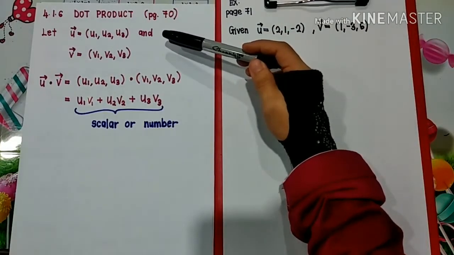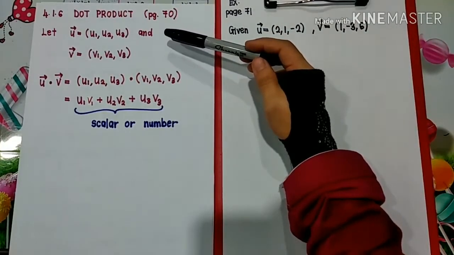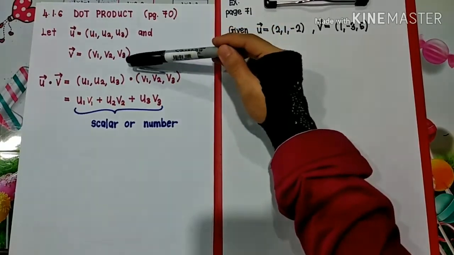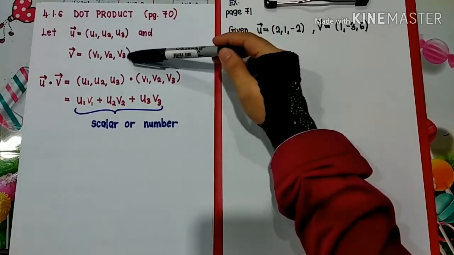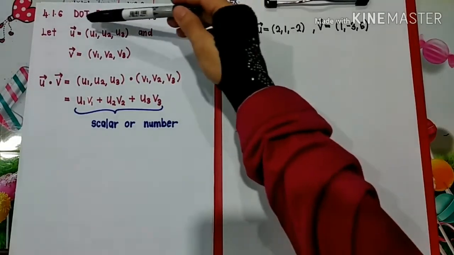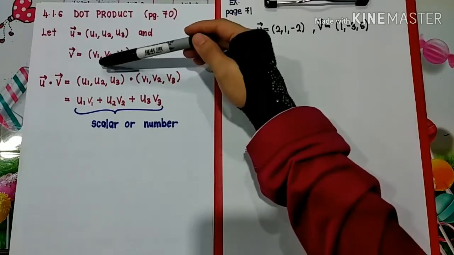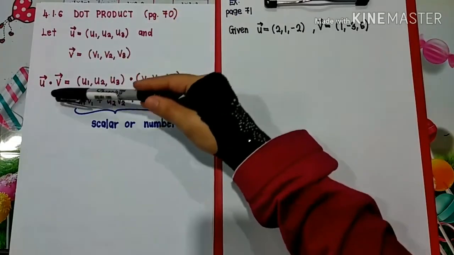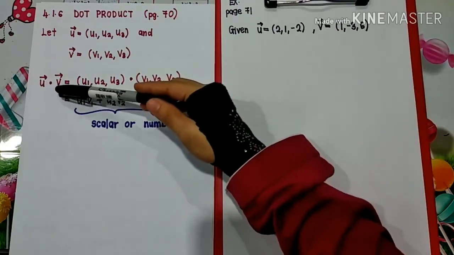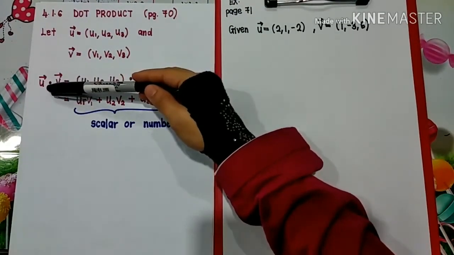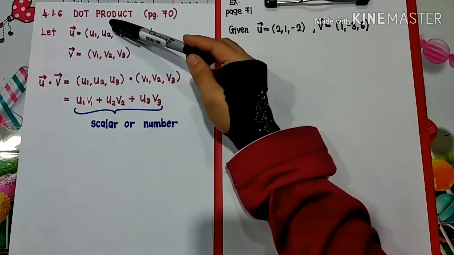The dot product is one of the operations on vectors. Let's say you have two vectors in R3, u and v. To find the dot product between u and v, we use the dot as a notation to represent the dot product.